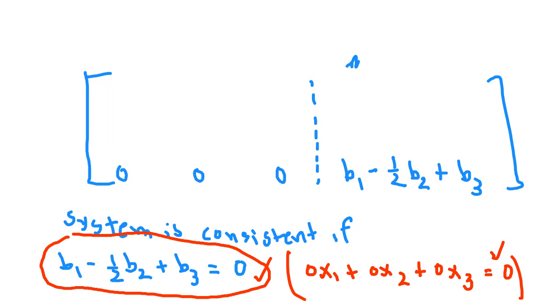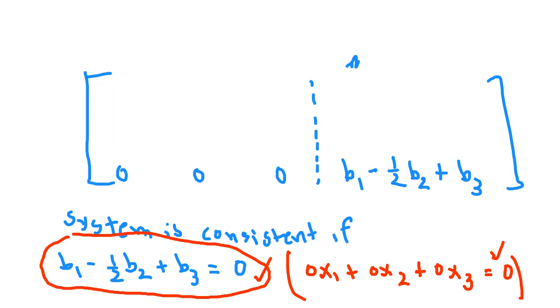Well, not all vectors in R3 are going to have coordinates B1, B2, B3 that satisfy that constraint, that equation.